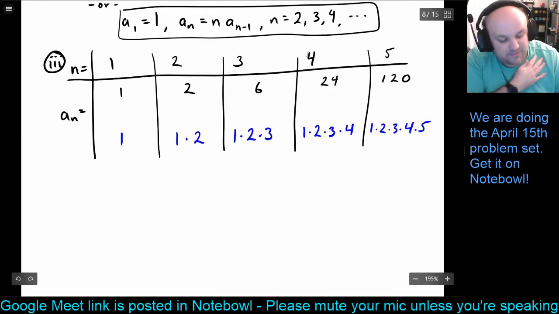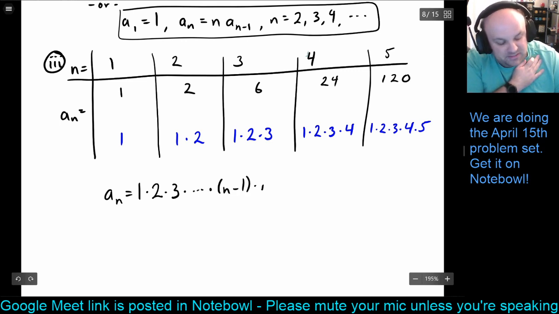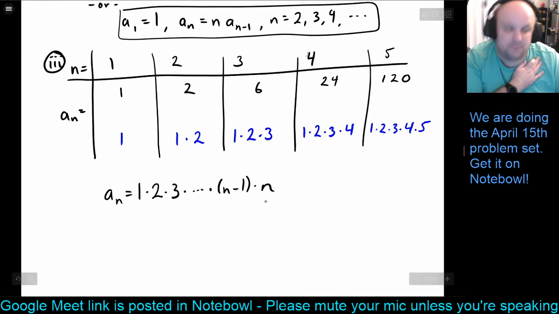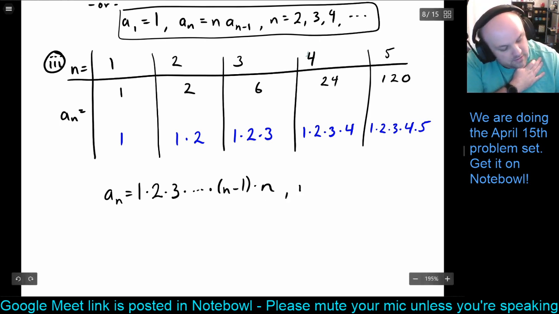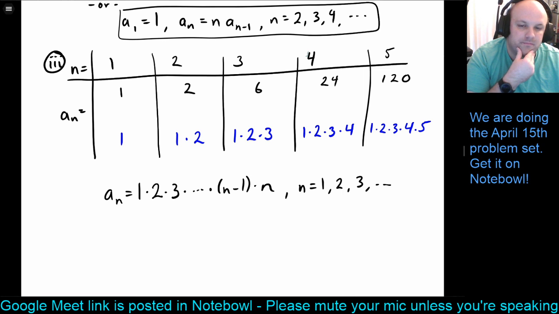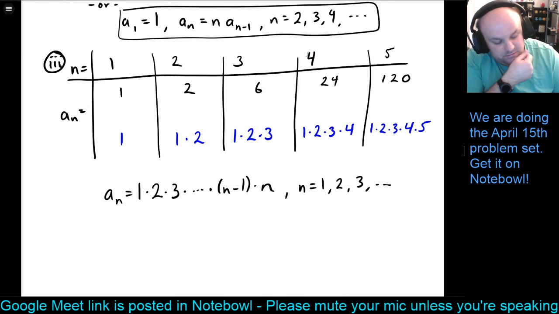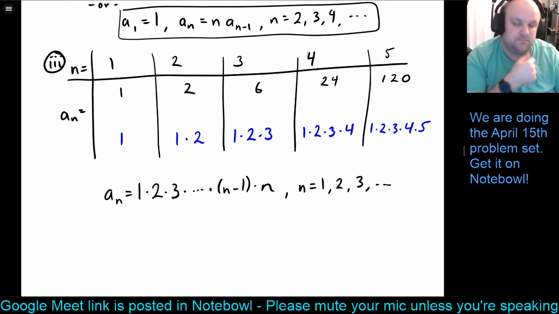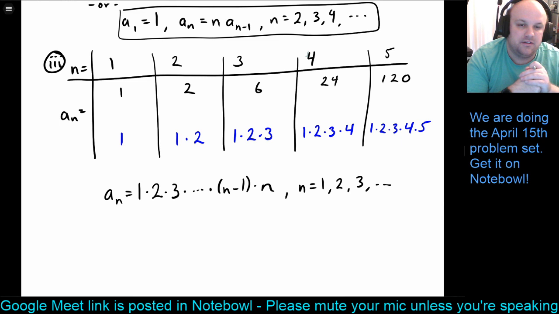So the explicit formula probably makes sense to say is 1 times 2 times 3 times, n minus 1 times n. Just multiply all of the numbers up to n. And this works from 1, 2, 3 onward. And so this would be a perfectly acceptable description of that. Is there any question about that?